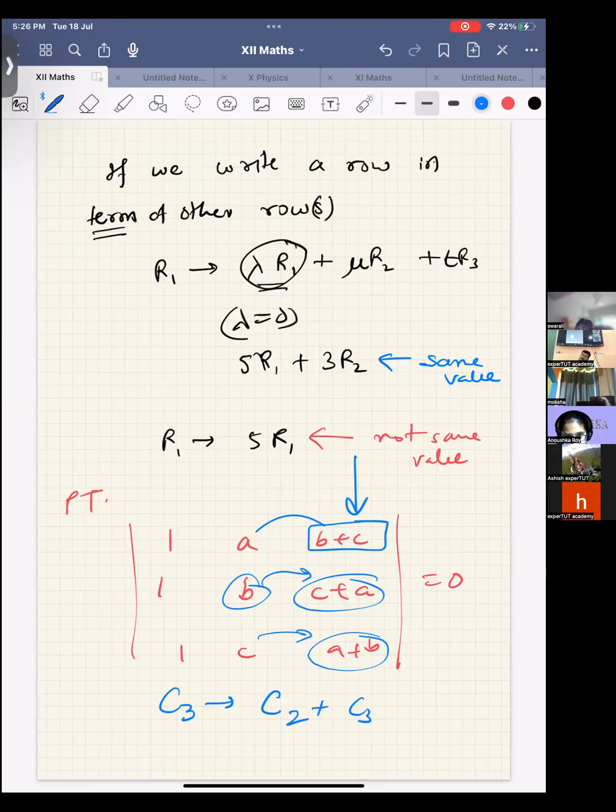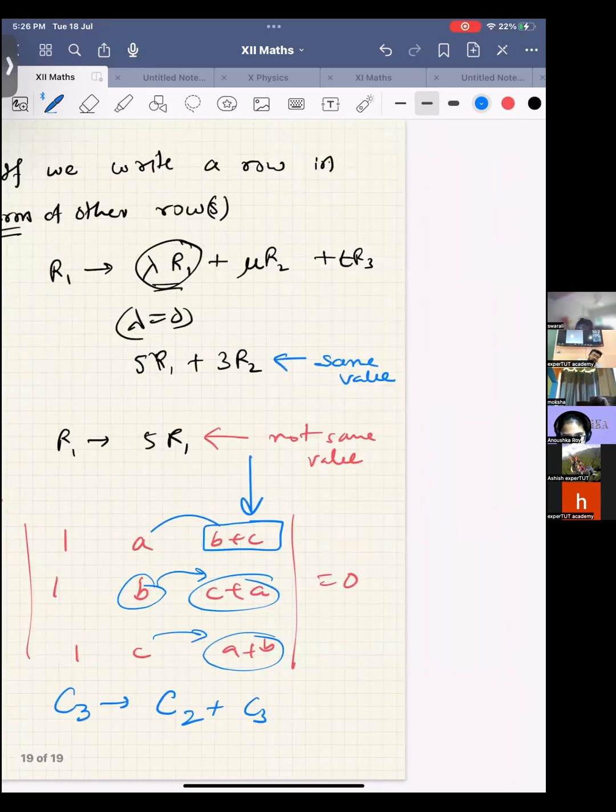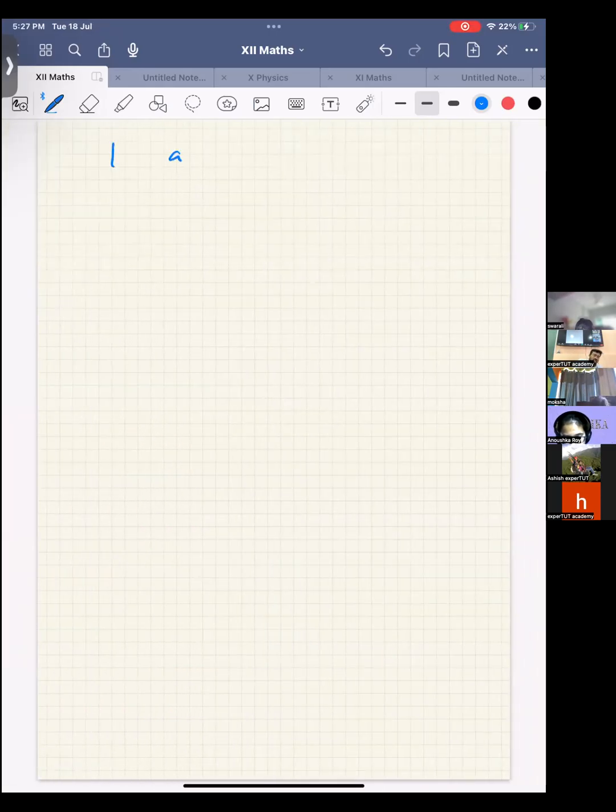This is an operation, right? So if you do this step, the next step it will become 1, a, and a plus b plus c, right? Then you can say C2 will also equal C2 plus C3. After this operation, it will become 1, a, and a plus b plus c, right? The moment you do this, this determinant has changed, right?